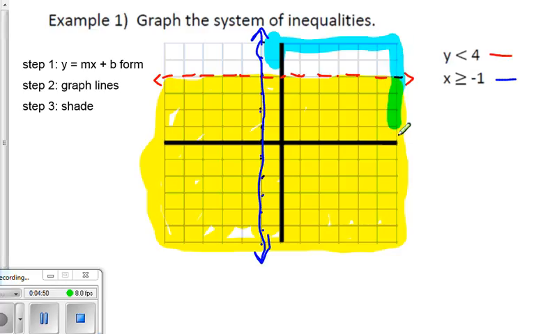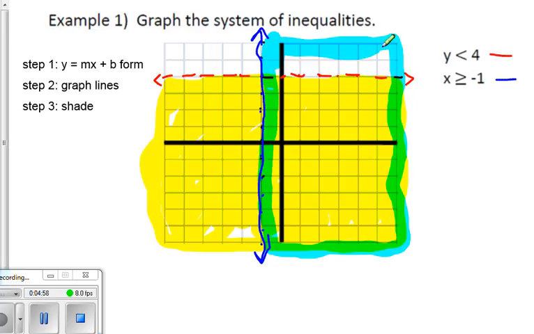Now watch what happens when I intersect this area with our y is less than 4 area. Notice how all of the spot where both of them are true, where y is less than 4 and x is bigger than negative 1, becomes a green area.